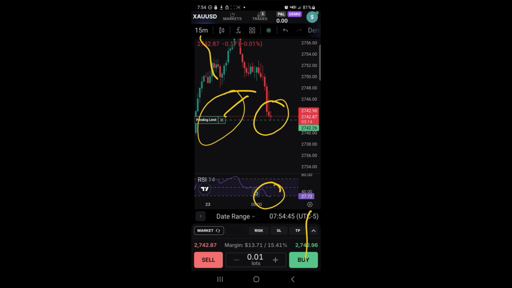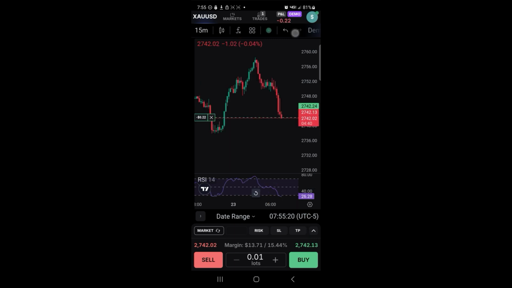So we don't need to rush the process. If we are wrong, this will continue to go down to about here. Remember, the head and shoulders pattern, this pattern here, has the potential to come all the way down to here.